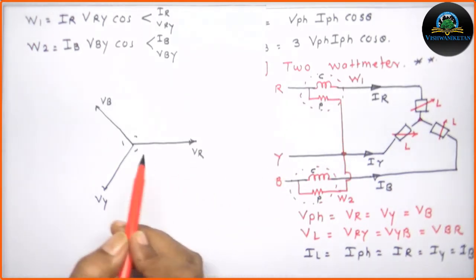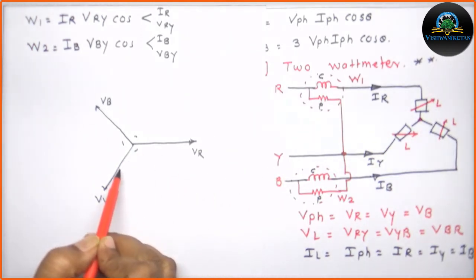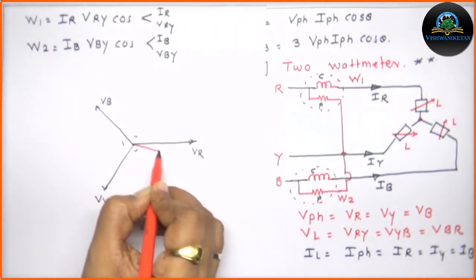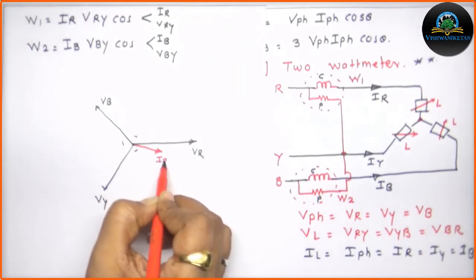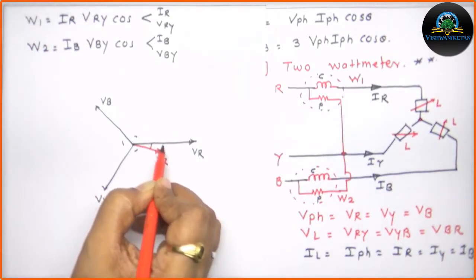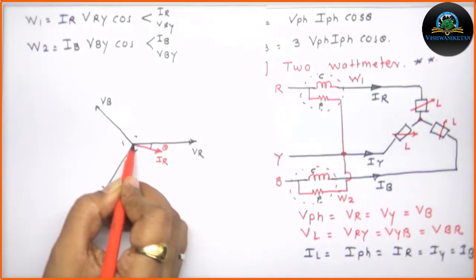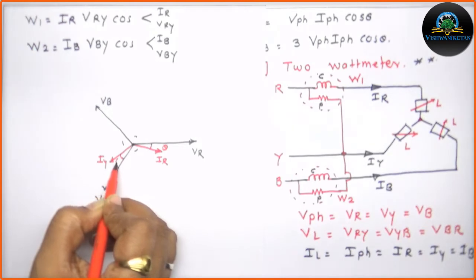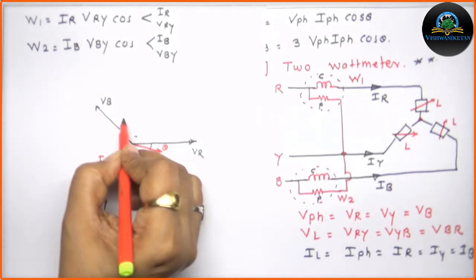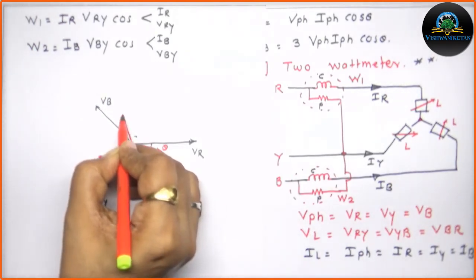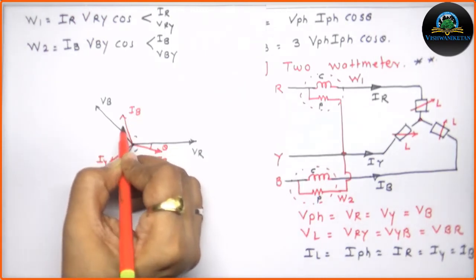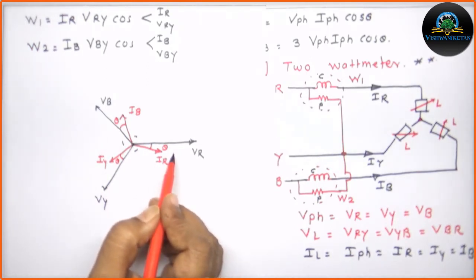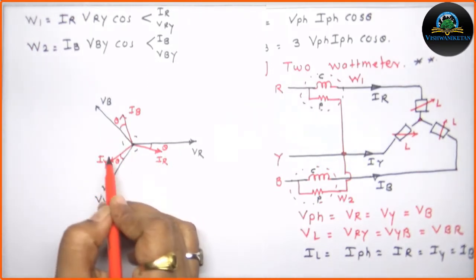For that, my current will be lagging each voltage by the power factor angle theta. So this will be my IR, making the power factor angle theta. This will be my IY, making power factor angle theta, and this will be my IB, making the same power factor angle theta. As it is a lagging power factor, as I mentioned, the currents are lagging each phase voltage by angle theta.